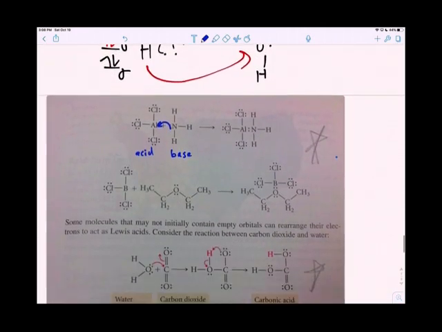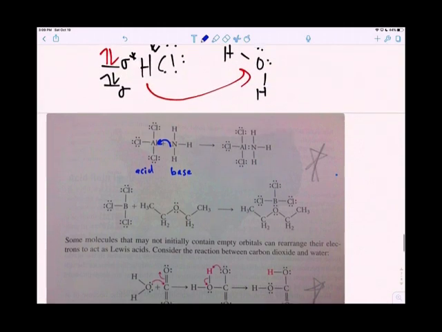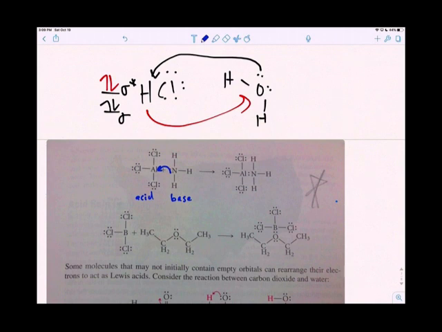Okay, and then what about Lewis acids and bases? We talked about acids and bases in terms of protons, but we can also have Lewis acids and bases. So aluminum trichloride is an acid and ammonia is a base, and they can form this molecule here. Every single acid is actually a Lewis acid because it works by transfer of electrons.